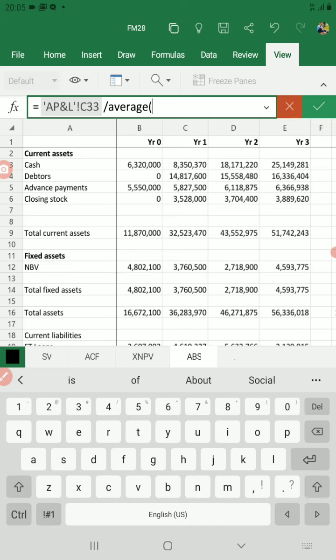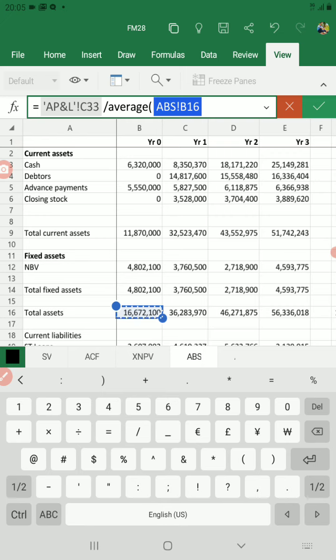The total assets figure is here, so this one, and then press full columns here, and then click on year 1, then check.